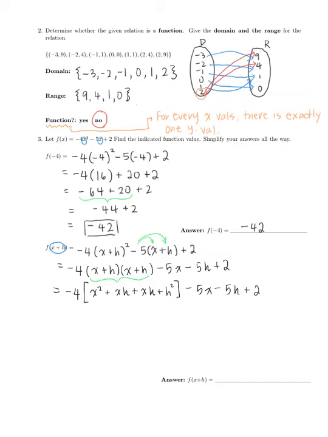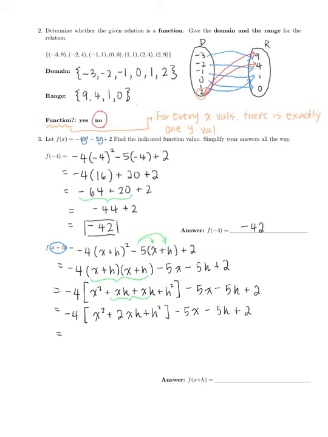All right, next step, I could combine these together. 1xh plus 1xh is going to give us 2xh. So here you're going to have negative 4 times x squared, I could put that in parentheses or brackets, I don't care which one you write, plus 2xh plus h squared. And I'm just going to copy and paste negative 5x minus 5h and then plus 2.